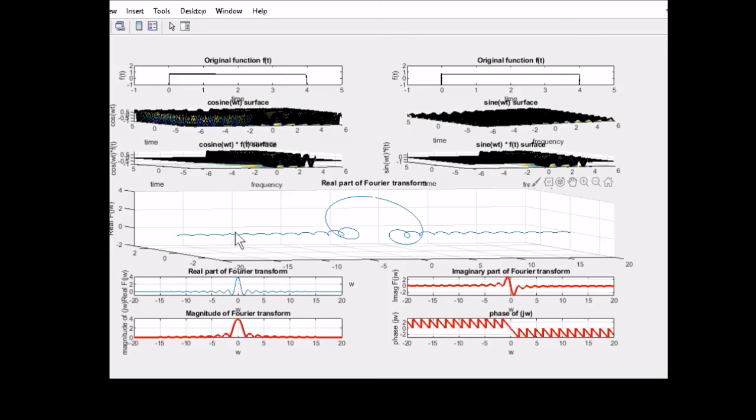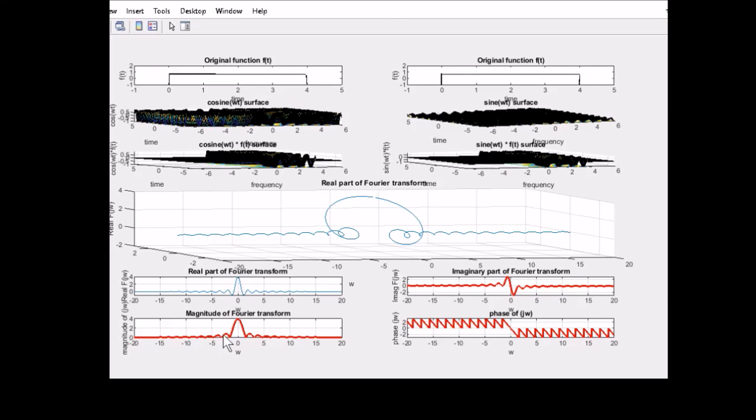In general, you wouldn't see the Fourier transform drawn out in a 3-dimensional manner like this. You'd always see it with either the real part and the imaginary part drawn separately, or more commonly we would have a magnitude and a phase plot.